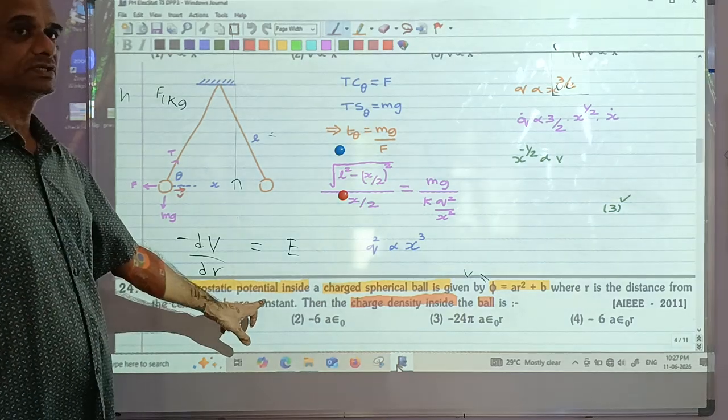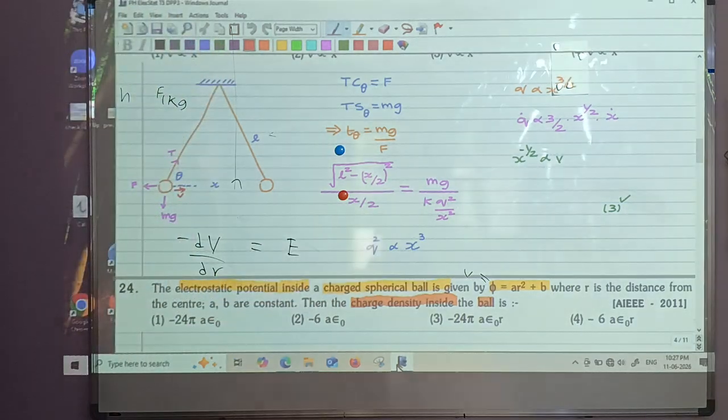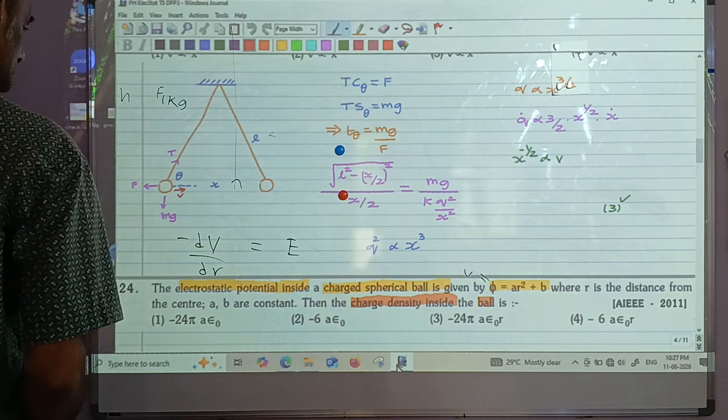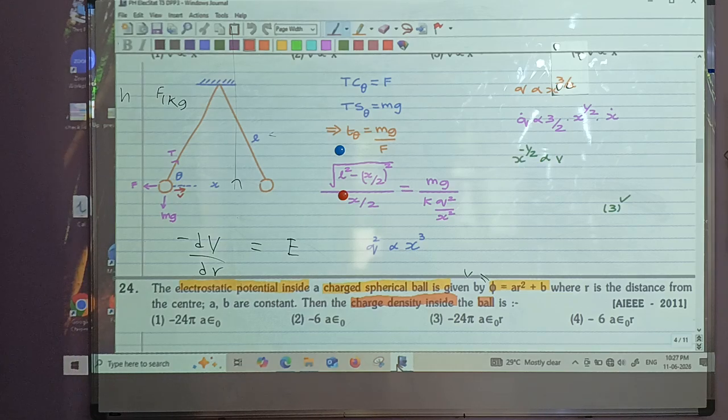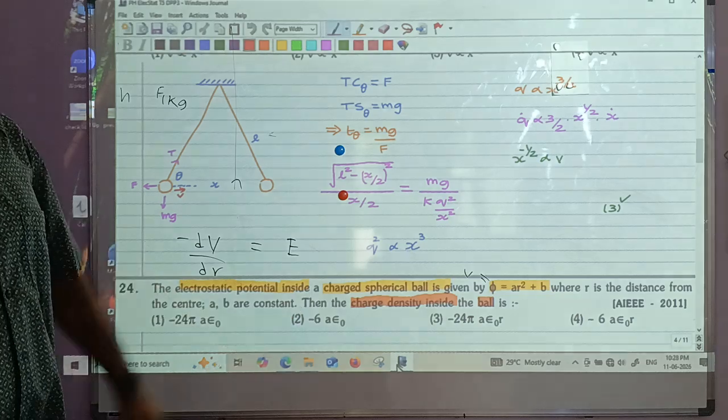What is electrostatic potential? I can get the electric field, then use Gauss law.